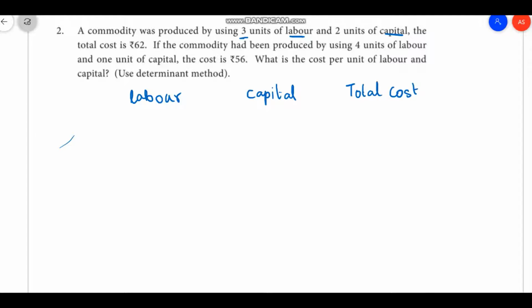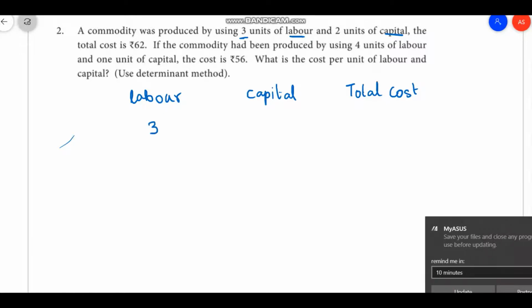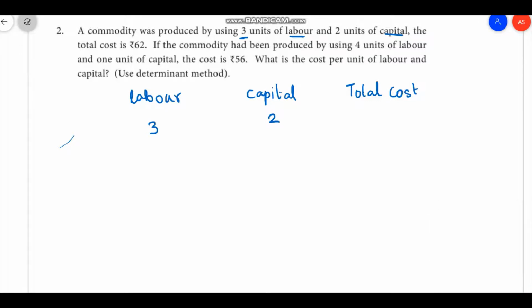How many units of labor? 3 units of labor and 2 units of capital, and the total cost is given to be 62. In the next equation, 4 units of labor and 1 unit of capital is given to be 56.